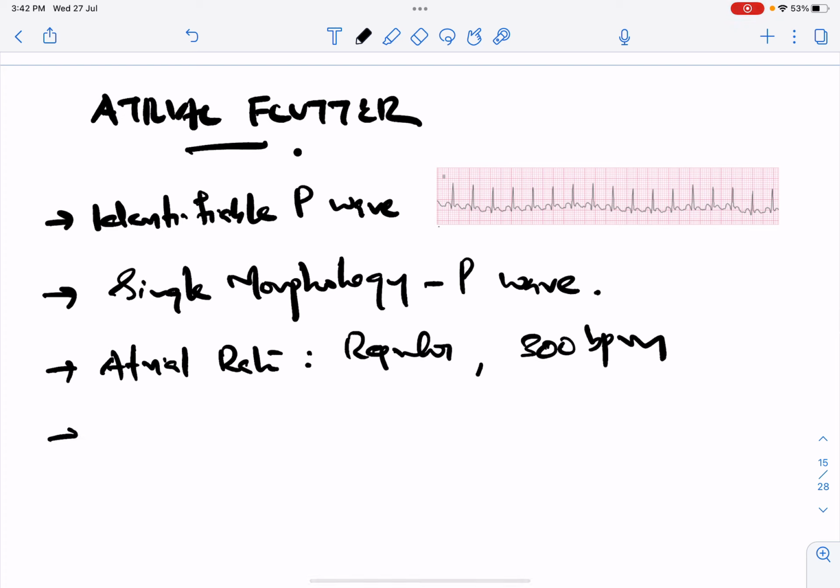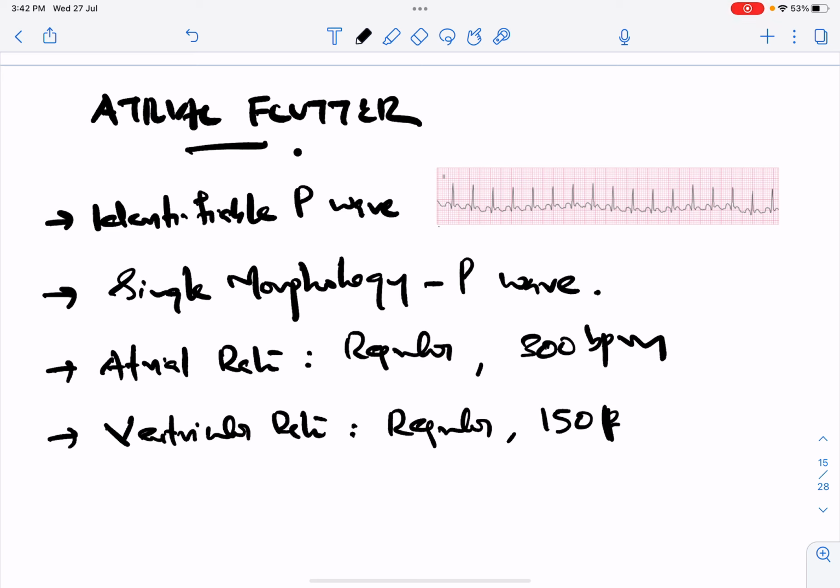But the ventricular rate, that is the rate of the QRS complex, is also regular, but 150 beats per minute. It is due to a 2:1 AV nodal block.